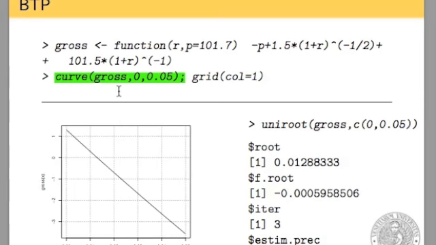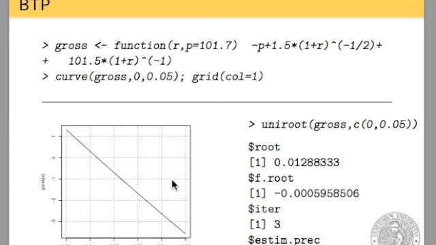plotting a graph of the function gross. So here I am typing curve gross to plot the graph in the interval going from 0 to 5%. And I am also plotting a grid so that I can more easily read this graph. I can see from the graph that the point on which I am clicking right now is indeed a solution of the equation gross equal to 0, because you see that corresponding to that rate, gross is indeed 0.